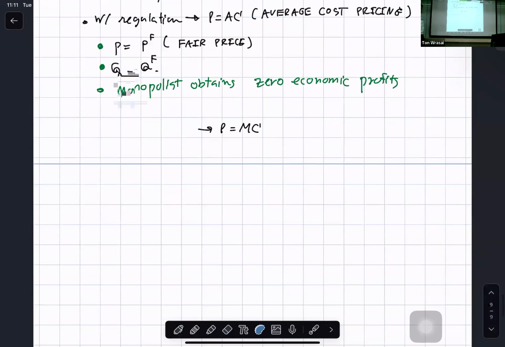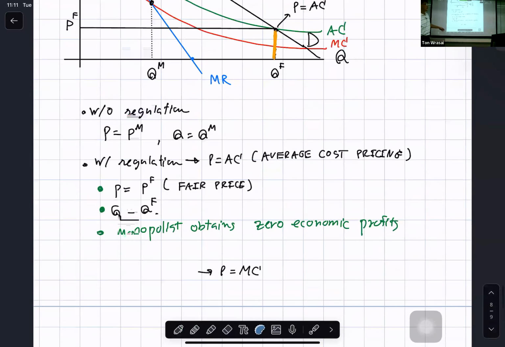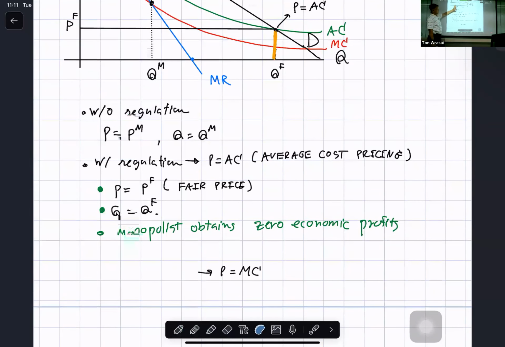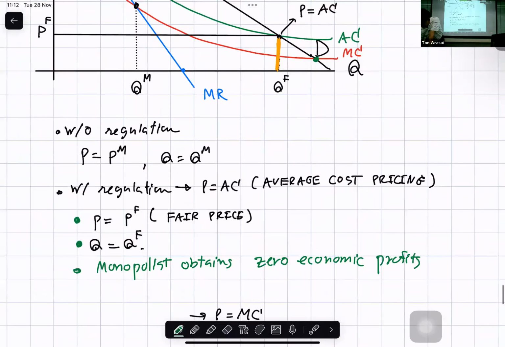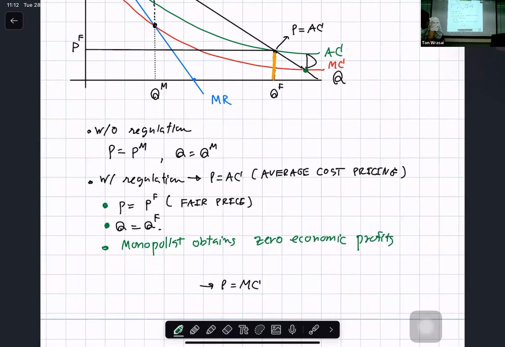And another scheme. Government asks the monopolist guy, hey, produce and charge the price equal to marginal cost. Asking monopolists to charge P equal to MC. This crossing demand curve intersect with MC curve.